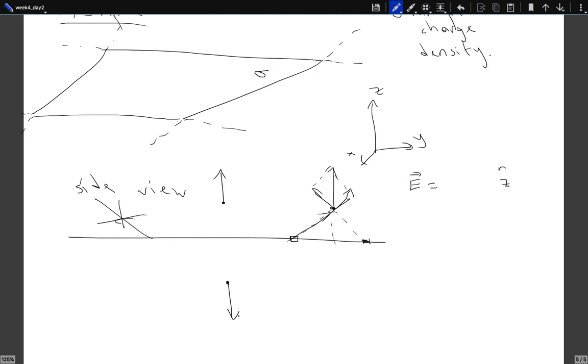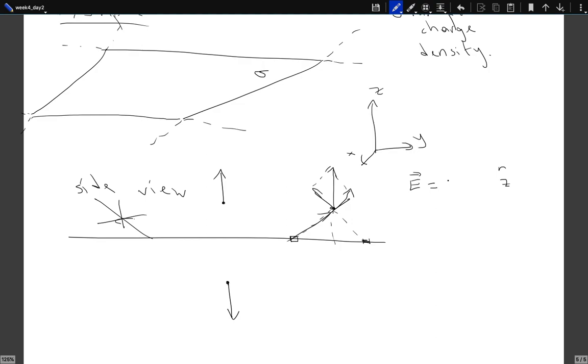They should be equal. Because if you imagine yourself sitting over here, or over here, you will see exactly the same thing. So the electric field should be the same. But this point and this point have different x and y values. So the electric field should not change as you change the x and the y values.